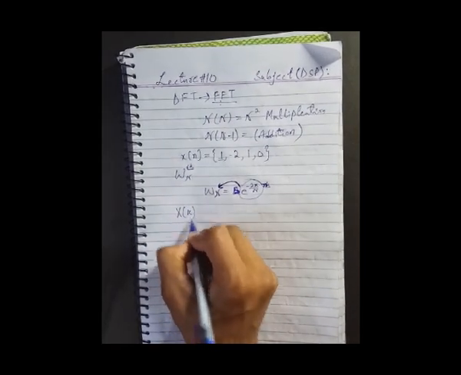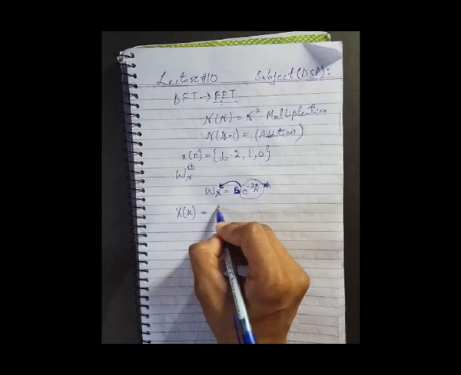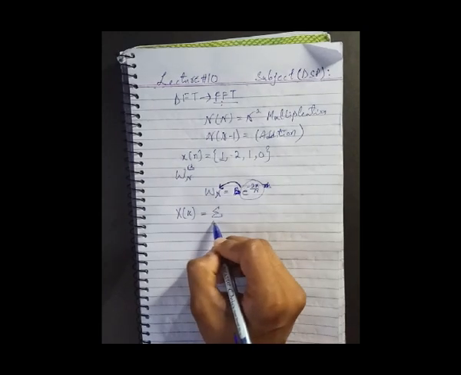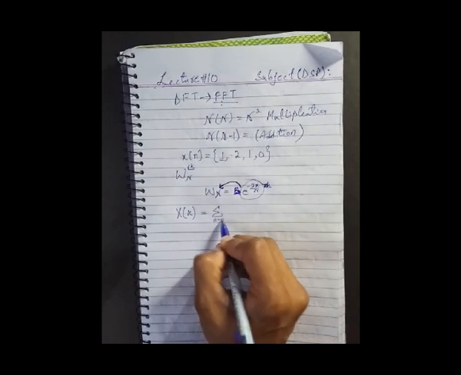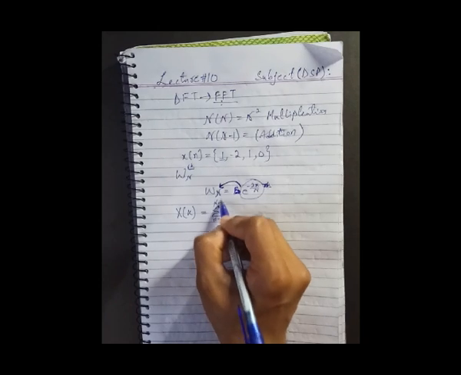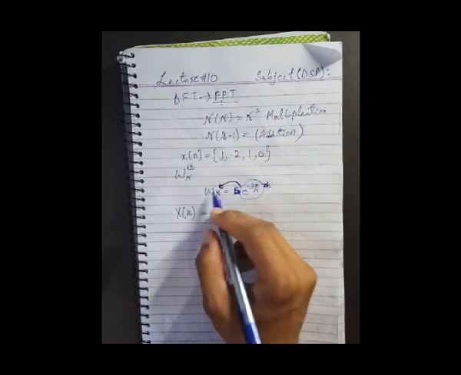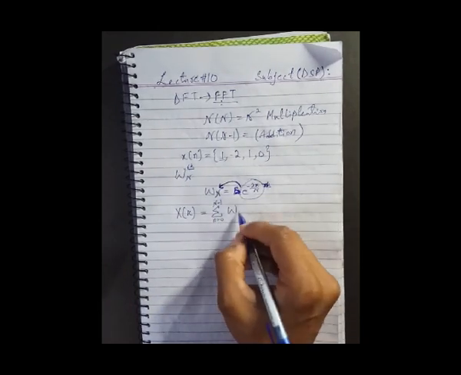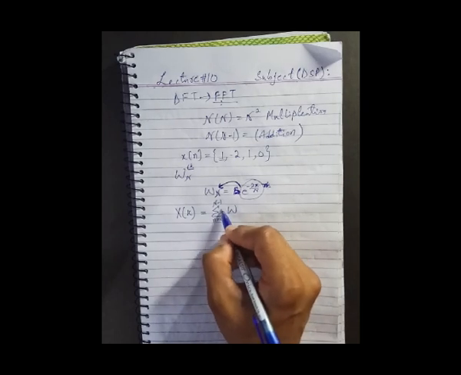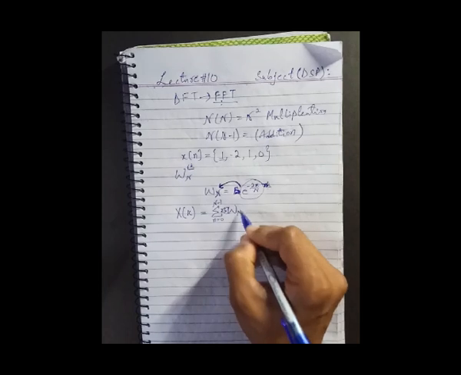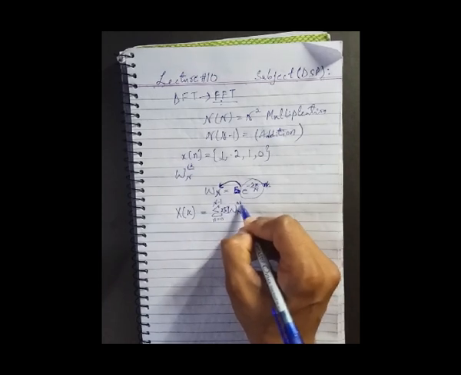Capital X of k is equal to summation n is equal to 0 to capital N minus 1, x of n, W of capital N into nk.